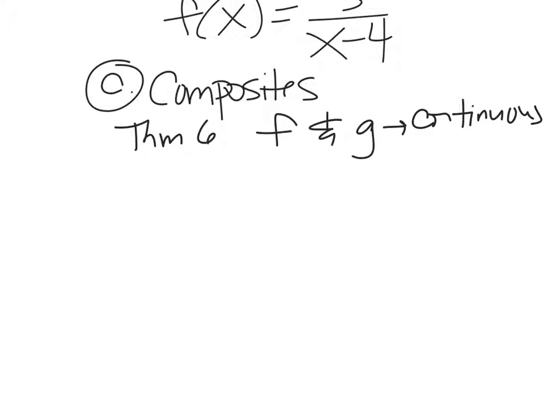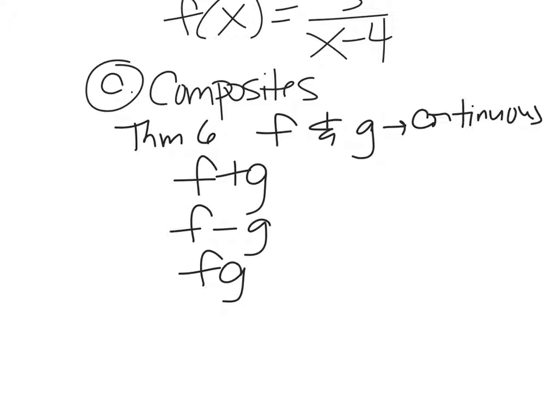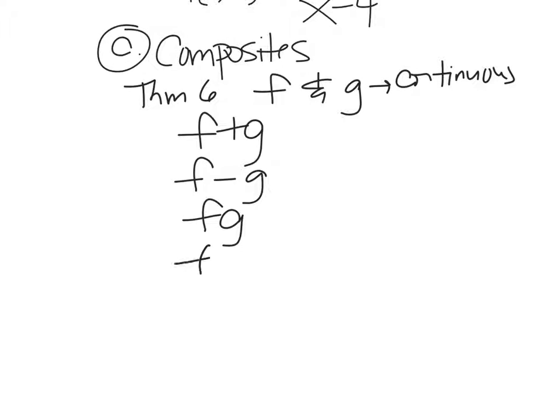Then that means that f plus g is also continuous. F minus g is also continuous. Okay, this is a theorem. F times g is continuous, and f divided by g is also continuous, provided that this function g doesn't equal 0.